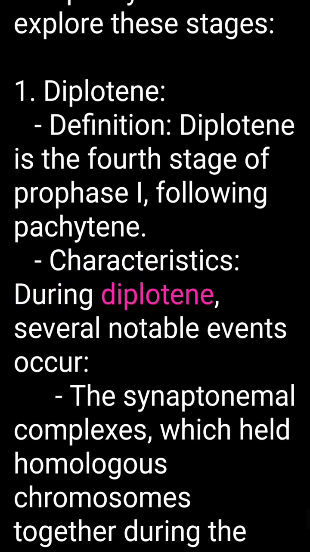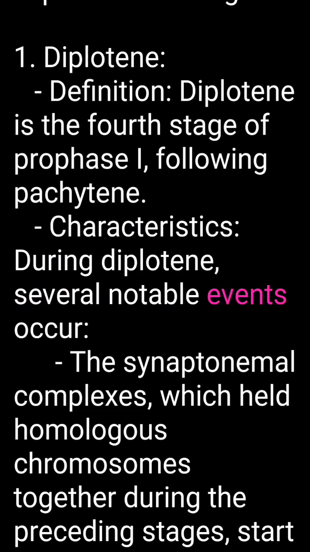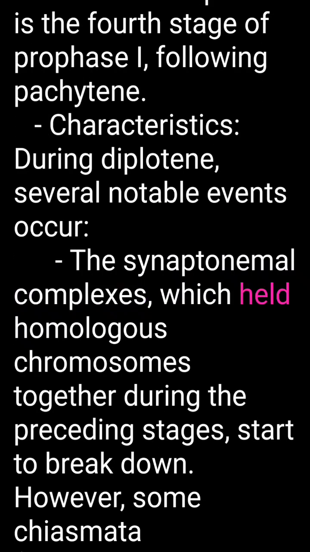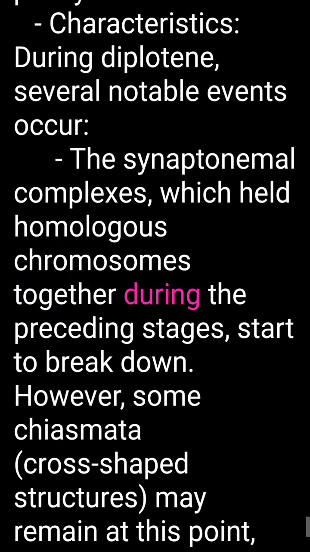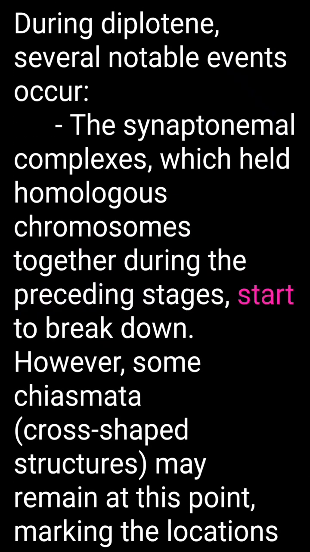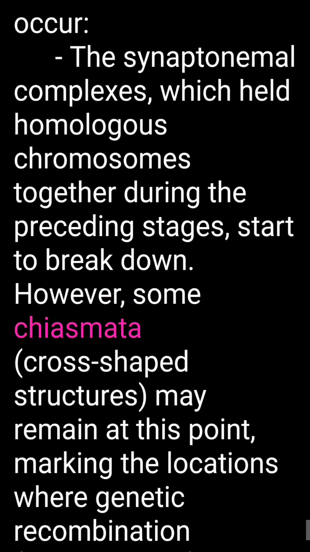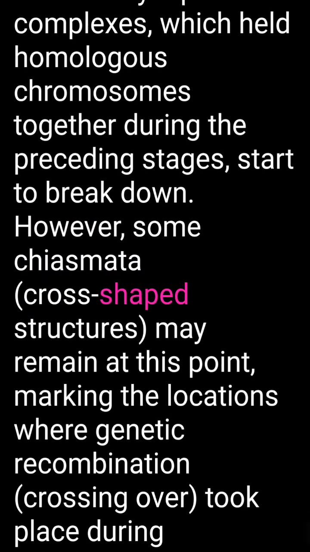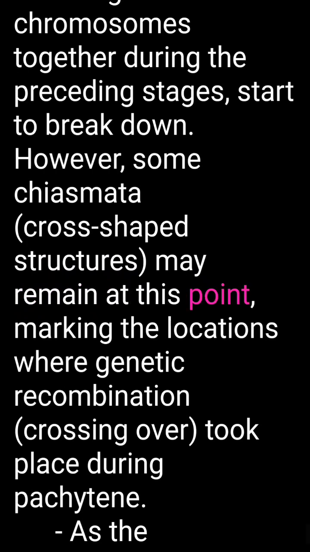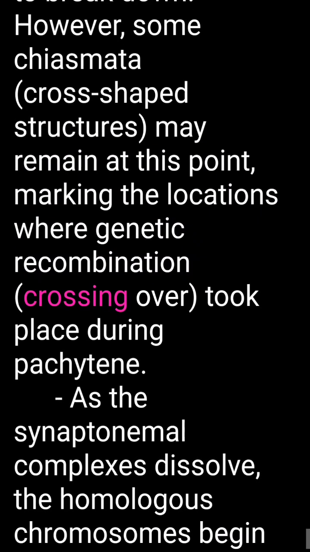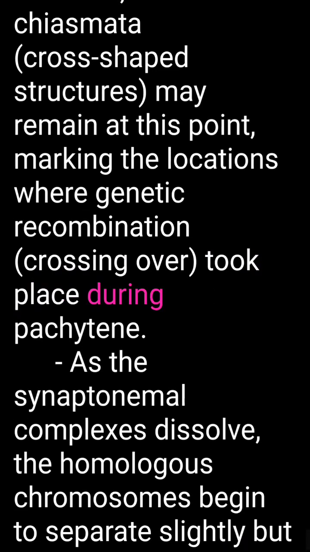Characteristics. During diplotene, several notable events occur. The synaptonemal complexes, which held homologous chromosomes together during the preceding stages, start to break down. However, some chiasmata, cross-shaped structures, may remain at this point, marking the locations where genetic recombination, crossing over, took place during pachytene.